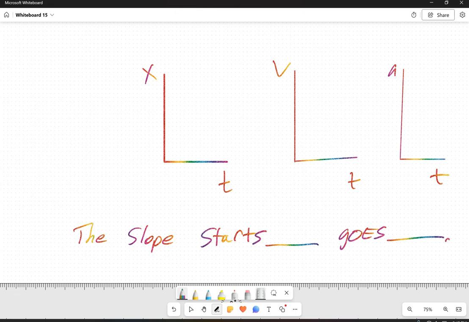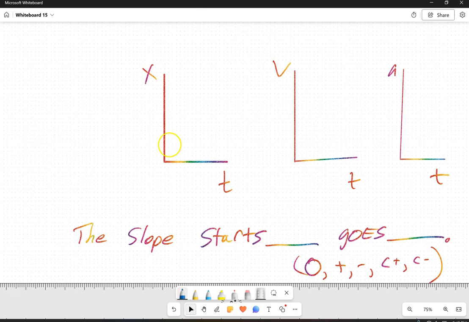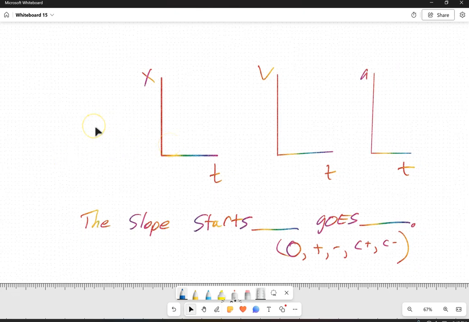The Madlib is: the slope starts blank or it goes blank. Our choices to fill in either one of those blanks are going to be 0, positive, negative, constant positive, or constant negative. When you're just starting out, you need a starting point. And this, I think, gives you a starting point.